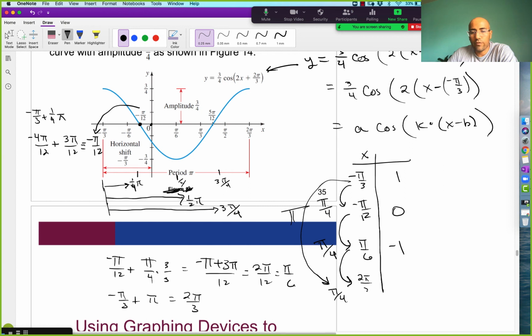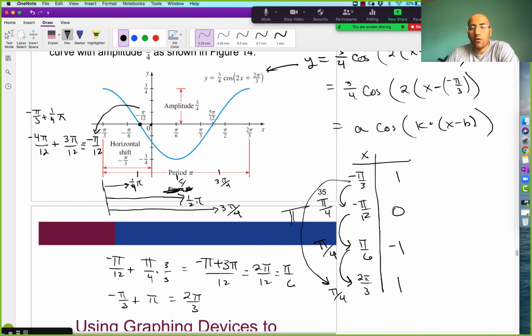2 pi over 3 is the end of my period for cosine, and I know it ends up at 1 because I know the general shape of a cosine function. So these key values, along with my understanding of what these numbers do, right?